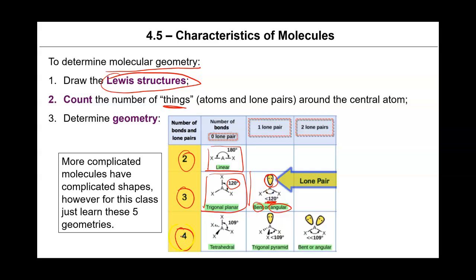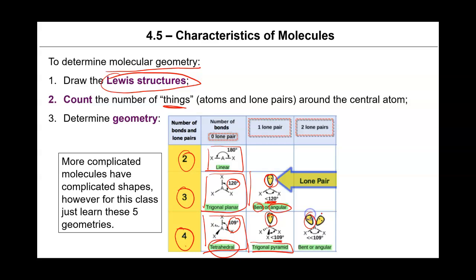If we have 4 things attached to our central atom and all 4 of them are atoms and we have no lone pairs, we will have a tetrahedral molecule and the bond angle will be 109 degrees. If one of our 4 things is a lone pair, the bond angle gets squished up a little bit and it'll be a little less than 109 degrees, and the molecule is described as having the trigonal pyramid shape.